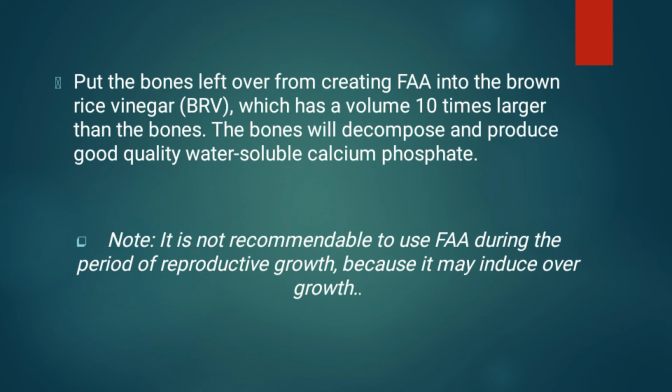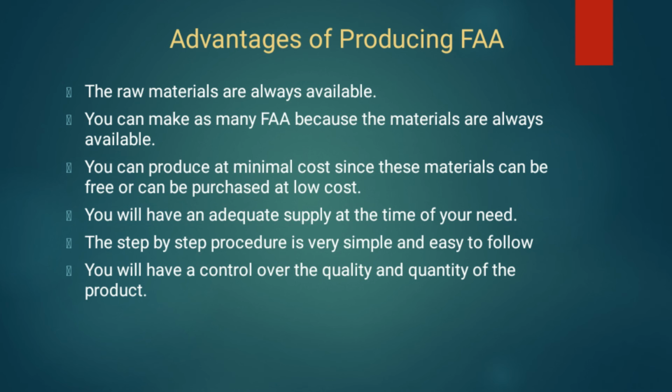Put the bones left over from creating fish amino acid into brown rice vinegar, which has a volume 10 times larger than the bones. The bones will decompose and produce good quality water soluble calcium phosphate. It is not recommendable to use fish amino acid during the period of reproductive growth because it may induce overgrowth.